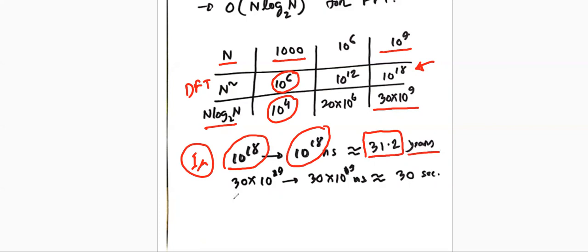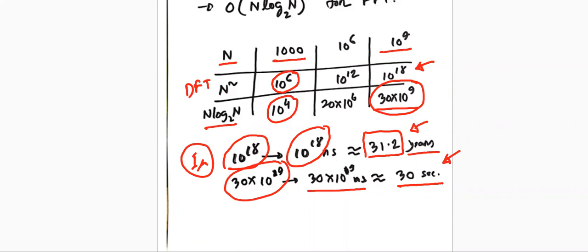And if we look at the FFT, it takes 30 into 10 to the power 9, and this calculation takes only 30 seconds. You can understand, you need 31 years, compared to the fast Fourier transform, where you need just 30 seconds.